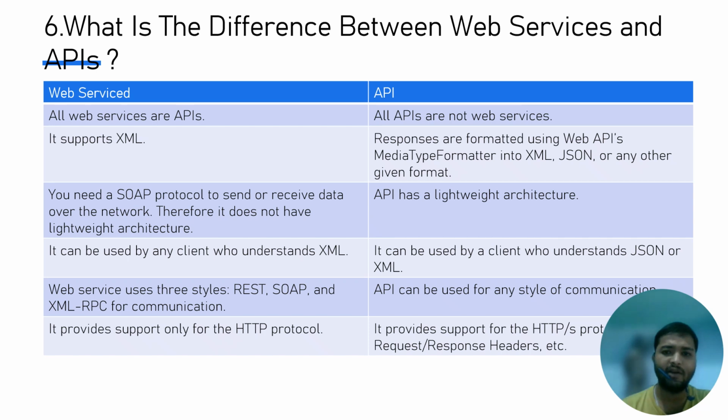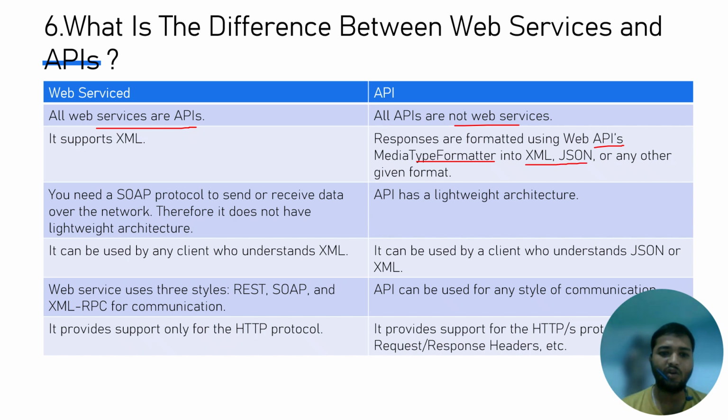What is the difference between web services and API? All web services are APIs, but not all APIs are web services. Web services support XML, while API responses are formatted using the Web API media type formatter into XML, JSON, or any other format.